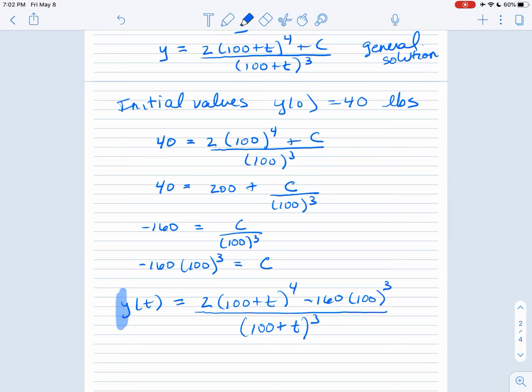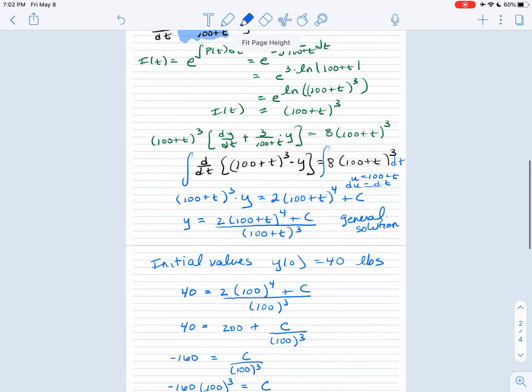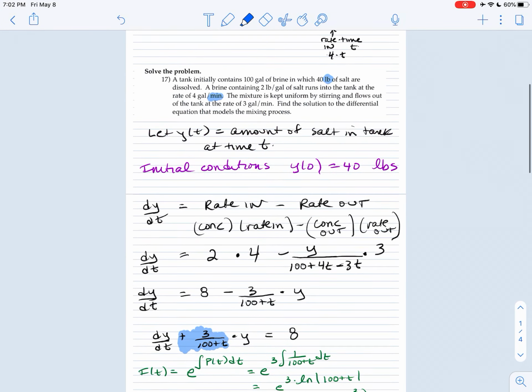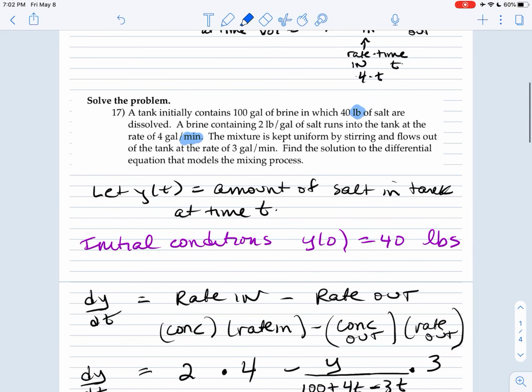So this is my particular solution, and now at any time I can say, well, how much salt is in the tank after 10 minutes, or how much salt is in the tank after an hour, and I will be able to tell you as much. However, you might have other restraints or other range of possible values of t, knowing that the amount entering the tank is 4 gallons per minute, and the amount leaving the tank is 3 gallons per minute.